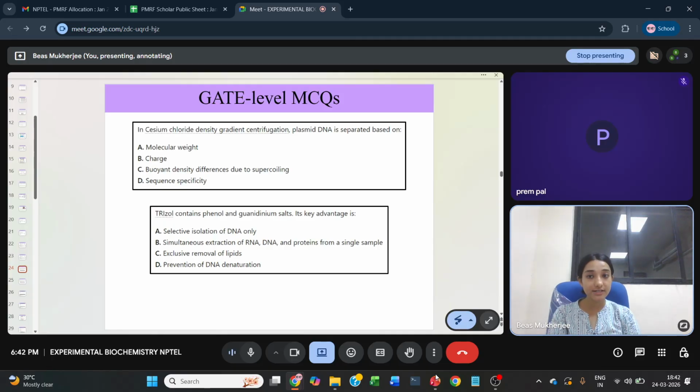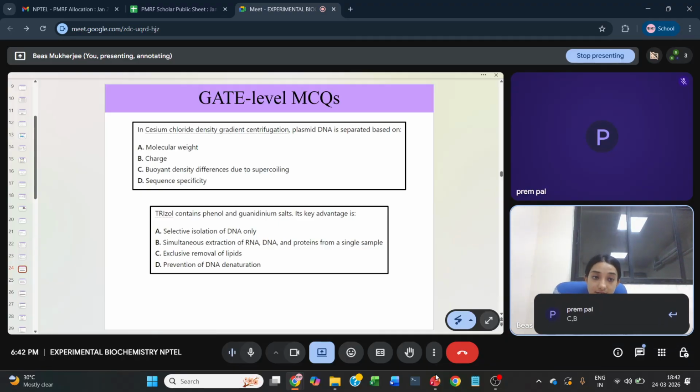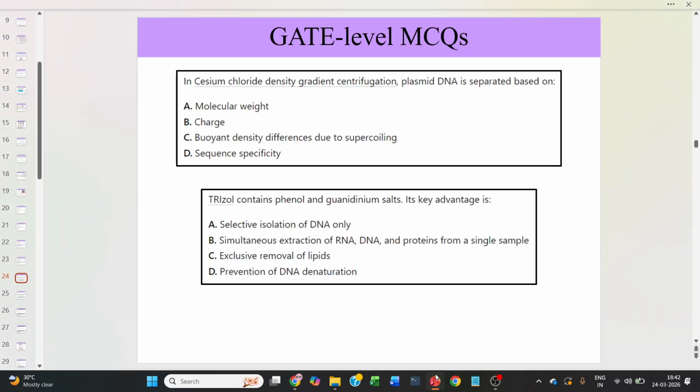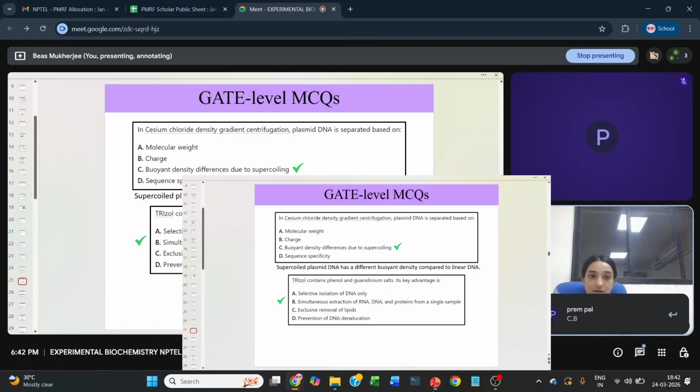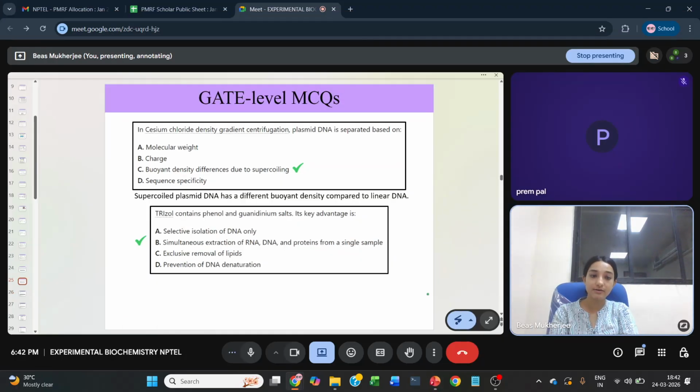The key advantage is selective isolation of DNA only, simultaneous extraction of RNA, DNA and proteins from a single sample, exclusive removal of lipids, prevention of DNA denaturation. So which one do you think is the right answer for them? Okay, so C and B, yeah, good. C and B are right answers, right? Okay.